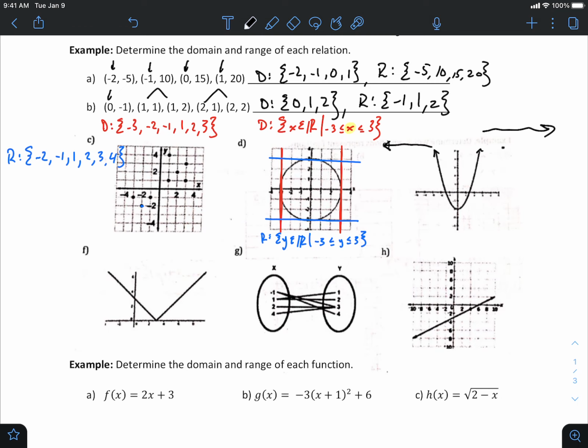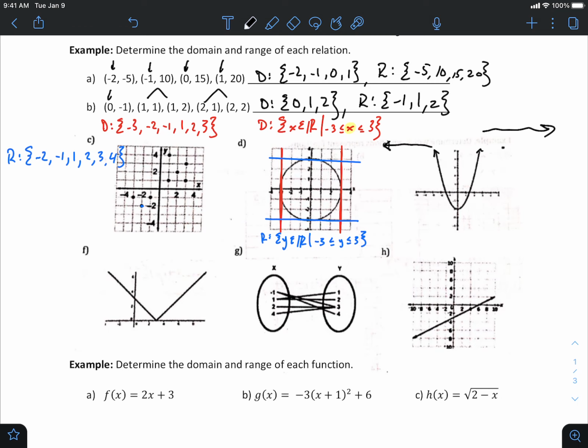Would everybody agree? So your domain here, we don't have a limit on our domain. I can't draw those boundaries on that graph, because it's continuing in the x direction in both directions forever. So I don't have any upper and lower boundaries. So then you might ask, how do I write a domain for that?